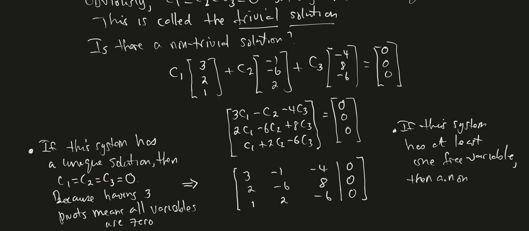And not just one, but actually infinitely many. So then a non-trivial solution exists. And we would be able to find constants that aren't all 0 that would satisfy this, right?